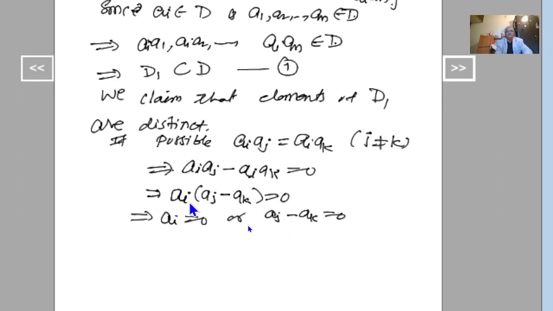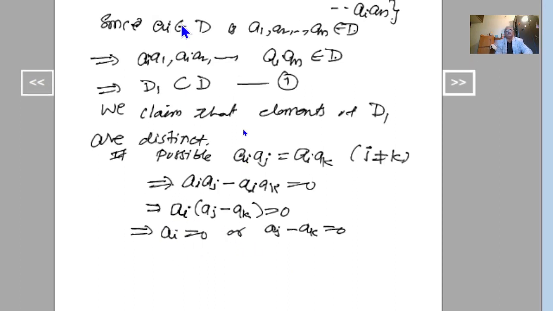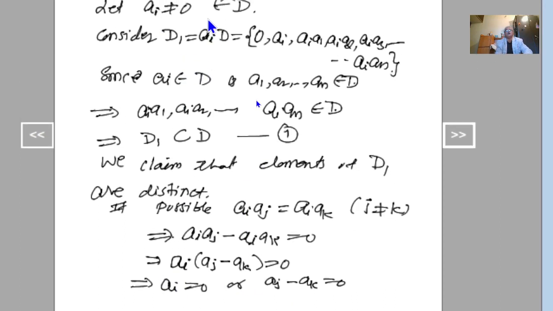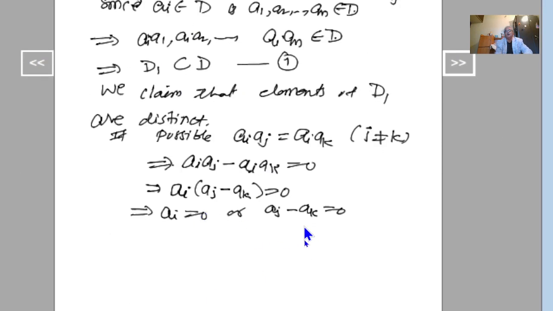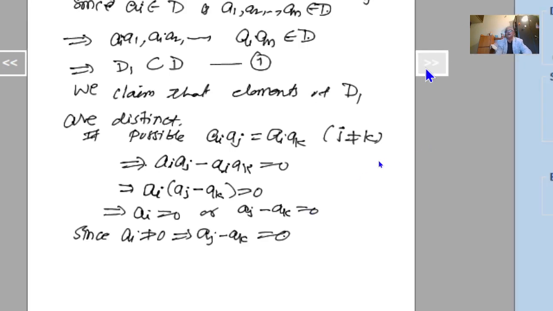Now here, since AI is not equal to 0, we have considered AI as an element which is not equal to 0. So the only possibility is AJ minus AK equal to 0. Okay.